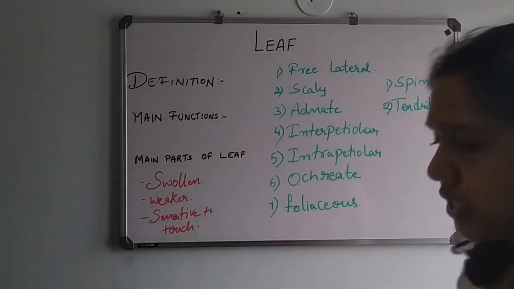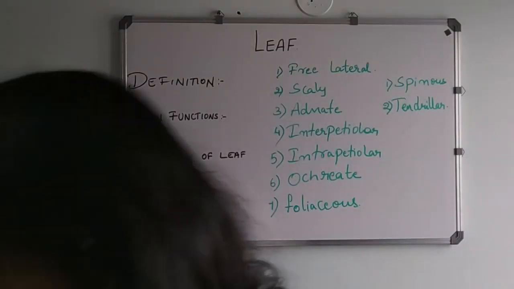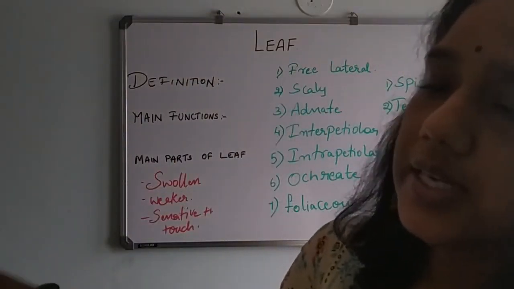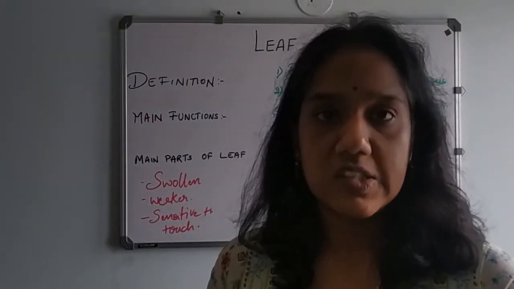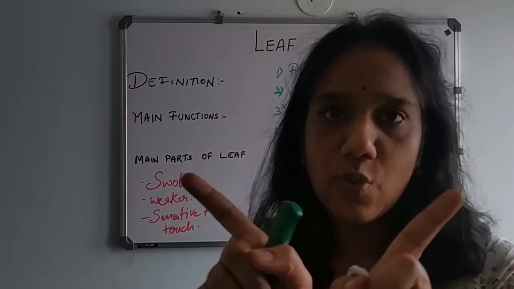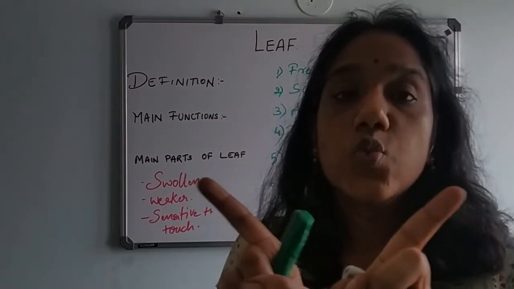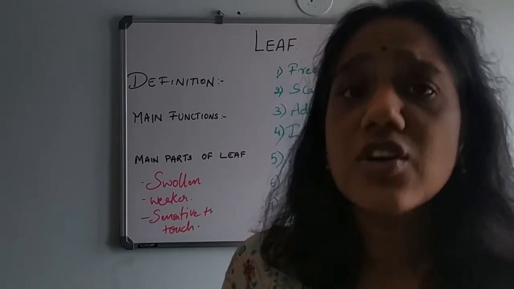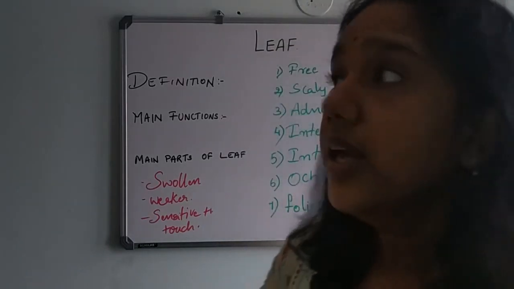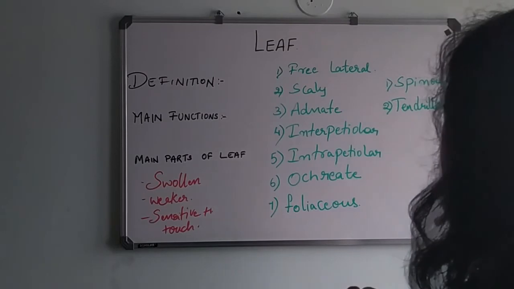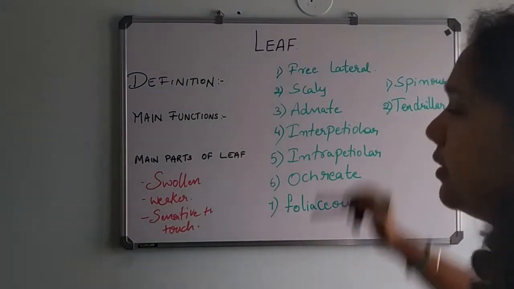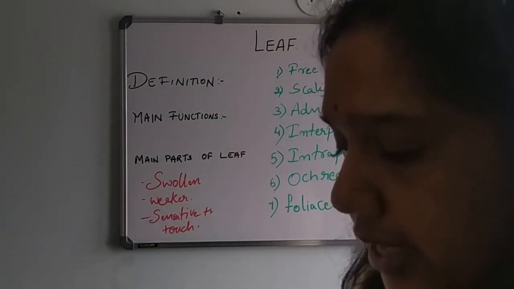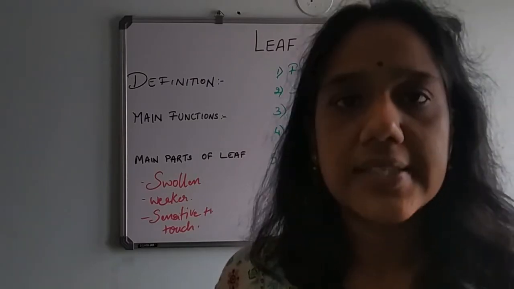But spinous is where these stipules, present in certain plants like smilax, get modified into spines. So they become very sharp. You know what spines are? They are very woody and they prick actually. They are modified into spines so that they protect the plant from grazing animals.